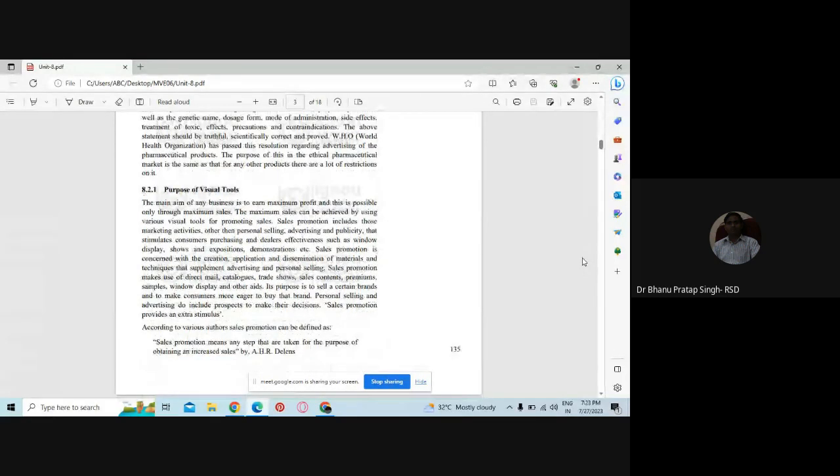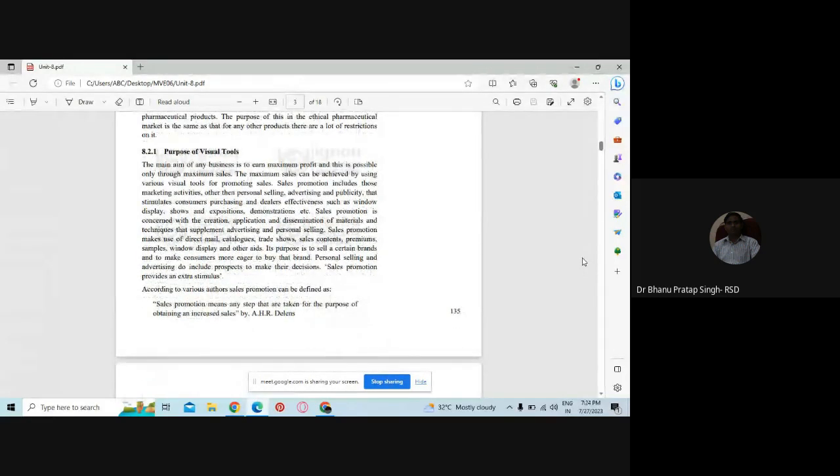Purpose of visual tools. Visual tools are very important to explain the qualities to the customer through the advertising tool. But what should be the purpose?